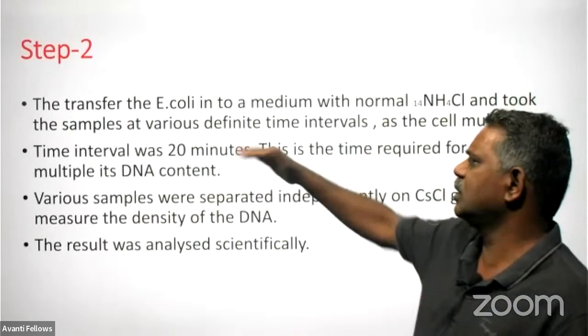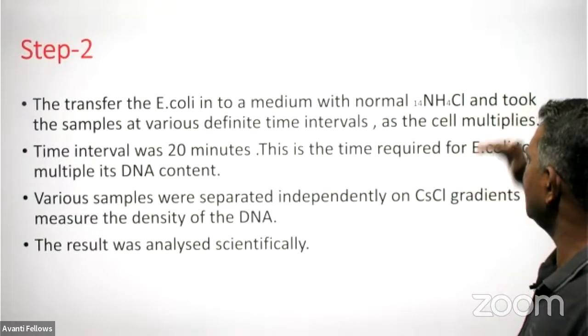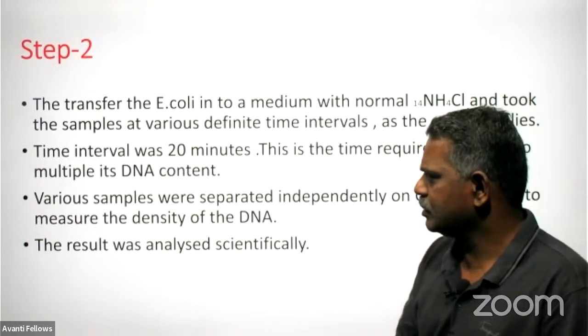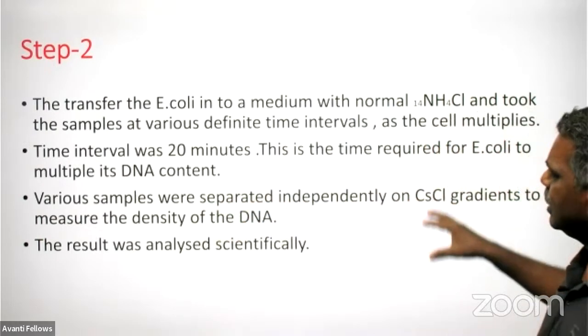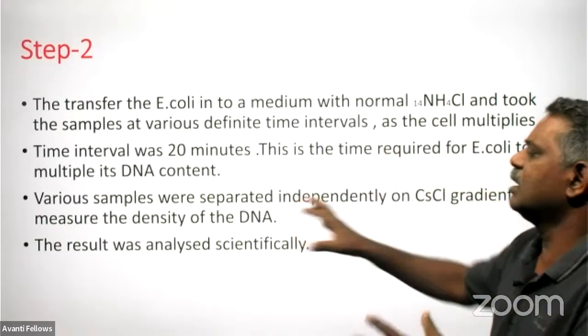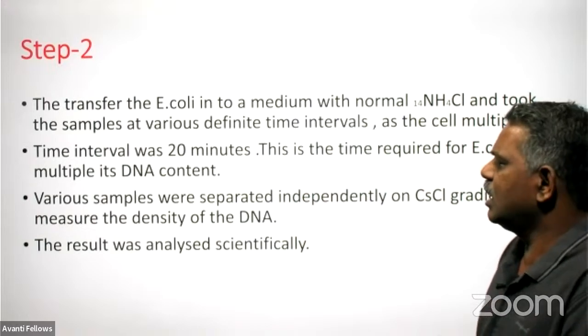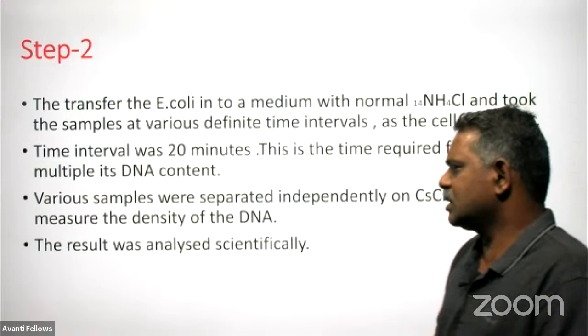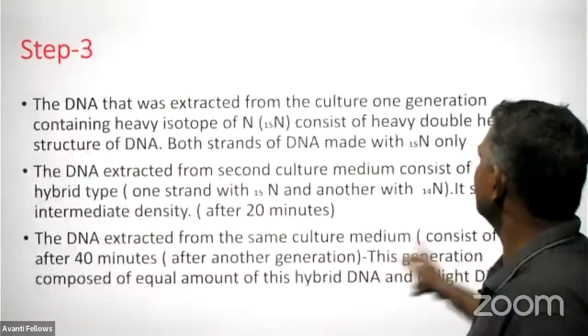This is the time required for E. coli to multiply its DNA content. Various samples were separated independently by cesium chloride gradient centrifugation and the density of the DNA was measured, and the result was analyzed scientifically.